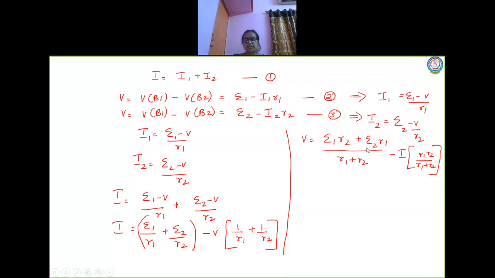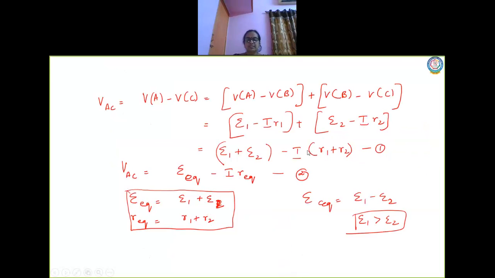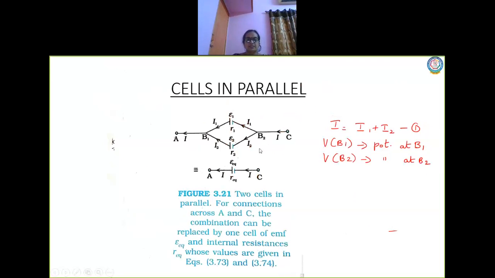Now this can be combined to a single form. So in that case, this is how the circuit diagram goes on. Okay, now this is the equivalent EMF of the two cells that are connected in parallel. And this is the equivalent internal resistance for the cells that are connected in parallel.